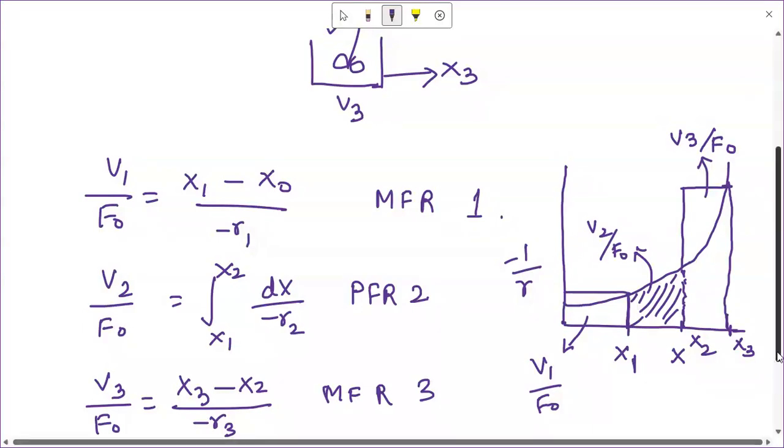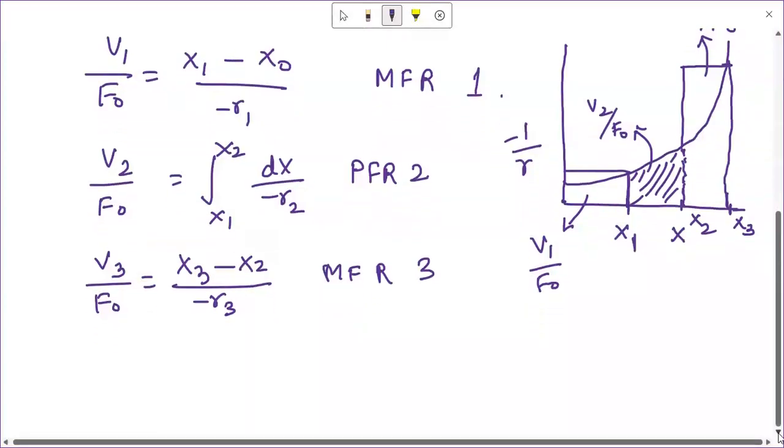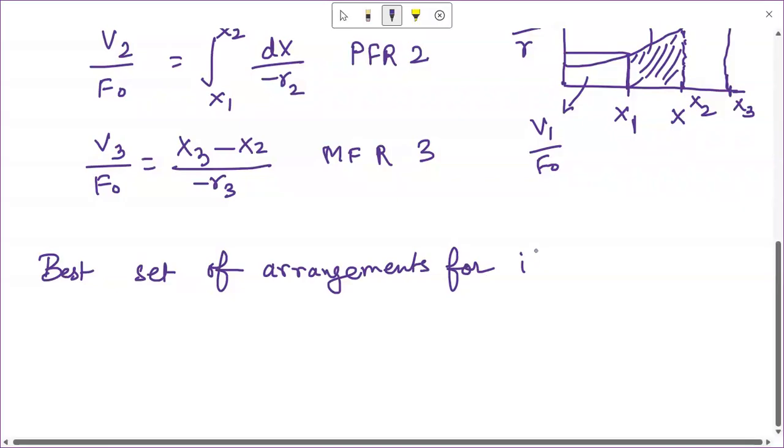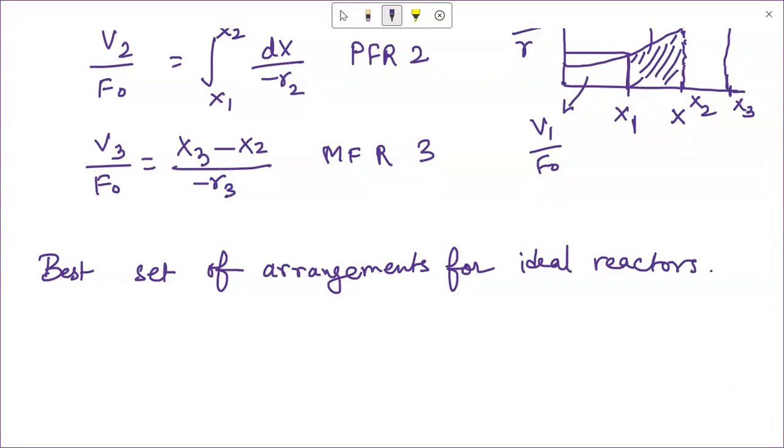Now, what is the best arrangement for ideal reactors? These are some of the observations that we note. So what are these general rules?